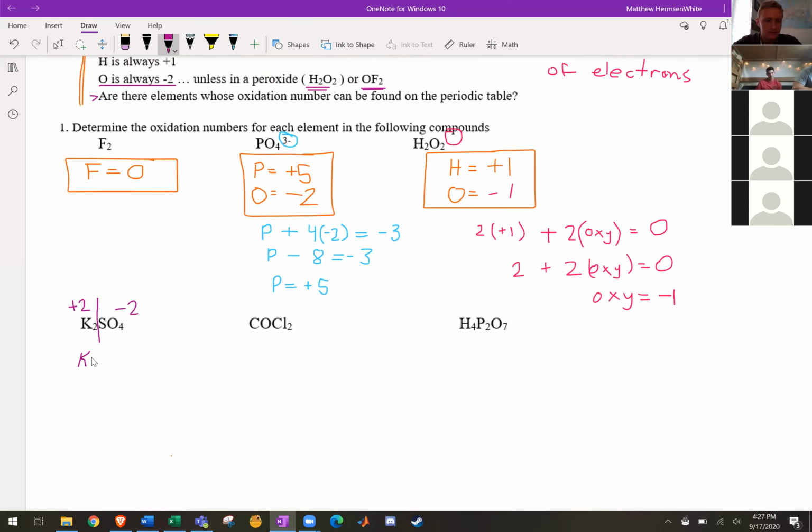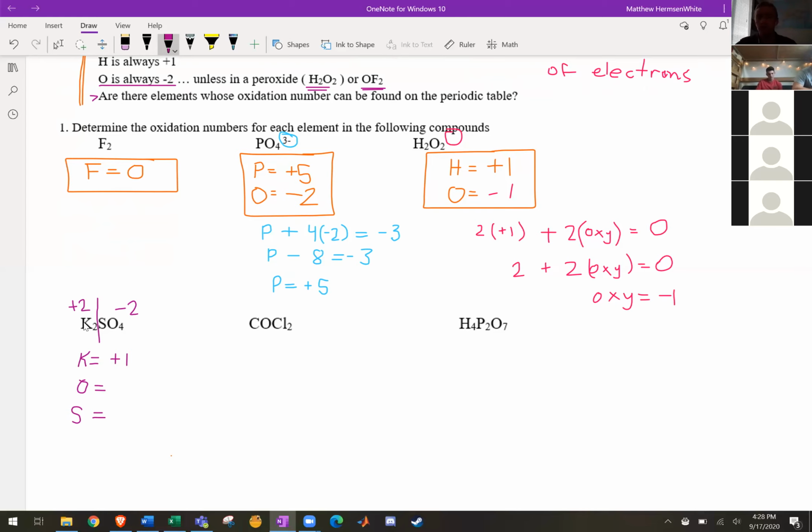So let's write down the elements we have here: potassium, oxygen, and sulfur. We have 2 potassiums on the left, and they share a charge of +2. Therefore, each potassium would have +1. So just 2 divided by 2.